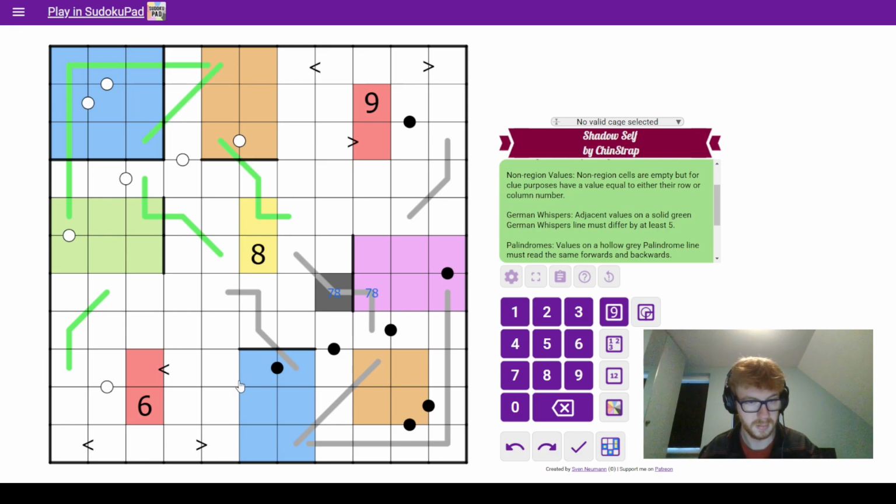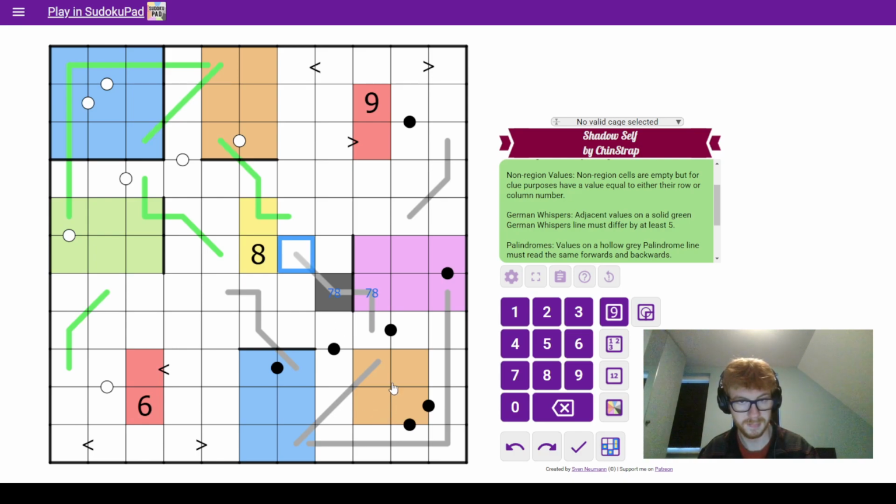Let's see now. Well, red could still be like this, and this could just be a 1 and then a 10, a 9. And that's fine. So neither of these has to be in. Both of these could be out, I guess.